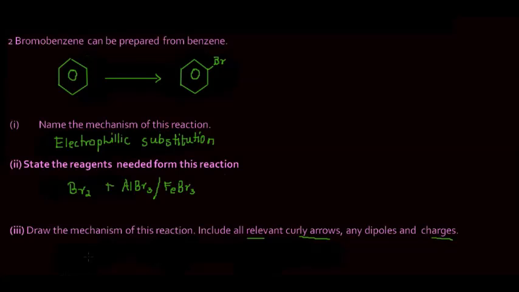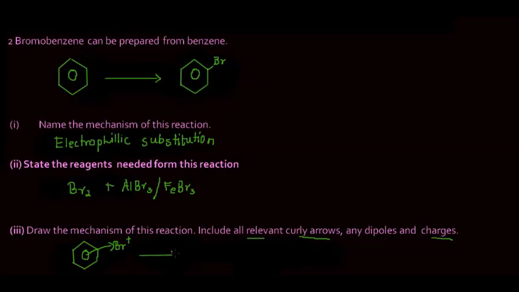So let's start with the mechanism. Here with a benzene, we need an electrophile. Our electrophile here will be Br+. So when we draw a mechanism, a Br+ is shown to react with the benzene ring. So we draw an arrow from the ring to Br+.